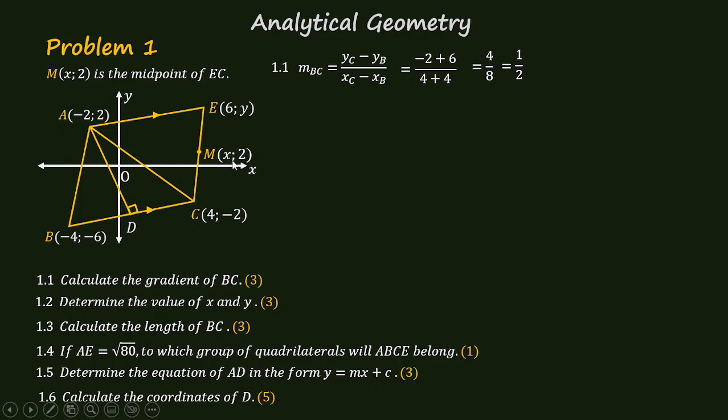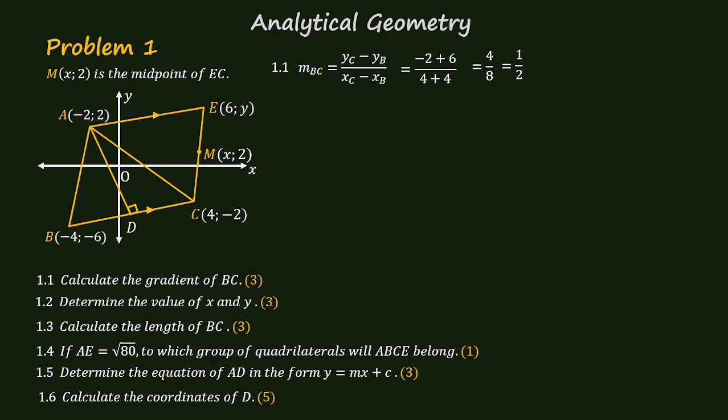The second question says, determine the value of x and y. The value of x is part of the midpoint here, and the value of y is part of the coordinates of E. We've been told that M is the midpoint of these two, and now we are required to calculate the value of x and the value of y. We know how we find the coordinate values of the midpoint, so we can use that understanding in reverse order to calculate the value of x.